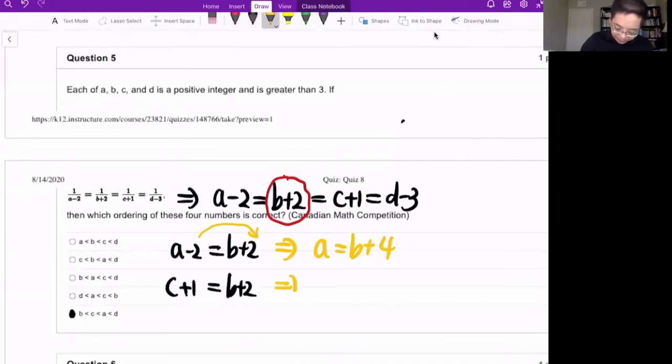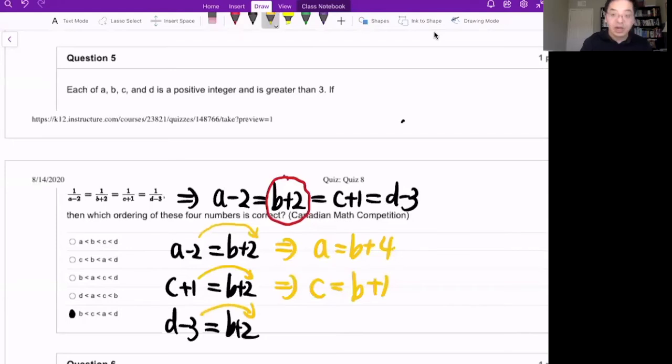Again, if you move 1 to the right-hand side, it becomes minus 1, and then we have c equals b plus 1. Finally, we have d minus 3. This is also the same as b plus 2. Again, we move 3 to the right-hand side, and this gives us d equals b plus 5.